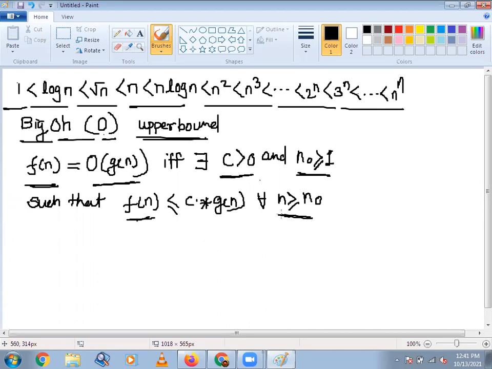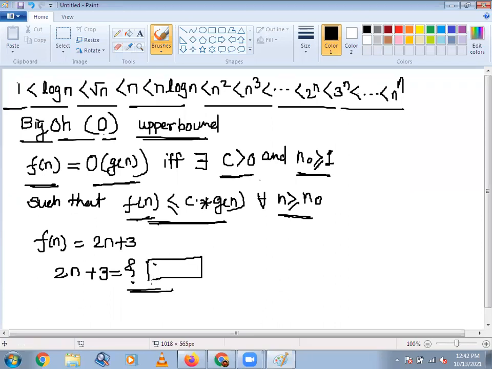We'll see one example. Suppose f of n is equal to 2n plus 3. Then 2n plus 3 is equal to what? We have to find the values such that here the value is c into g of n.